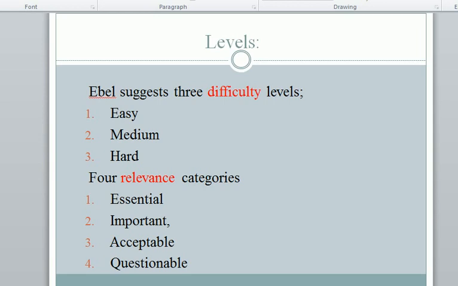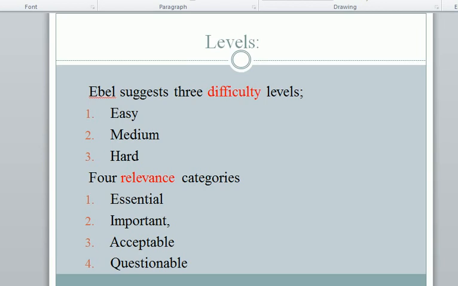Each item will be discussed on the basis of being essential. Number 2, important. Each item is important to be included in the test. Number 3, acceptable. It means the item is acceptable to be included in the test. Or number 4, questionable.